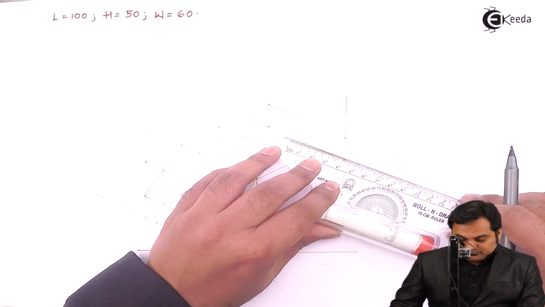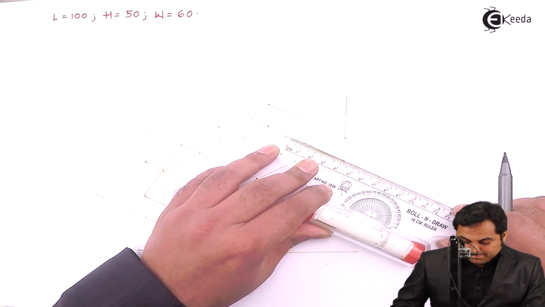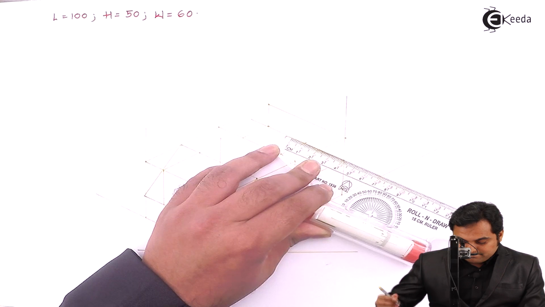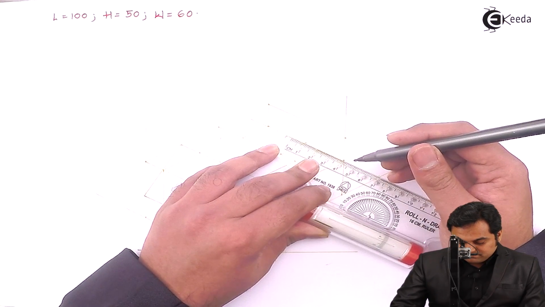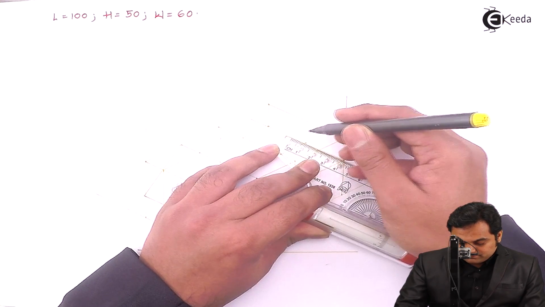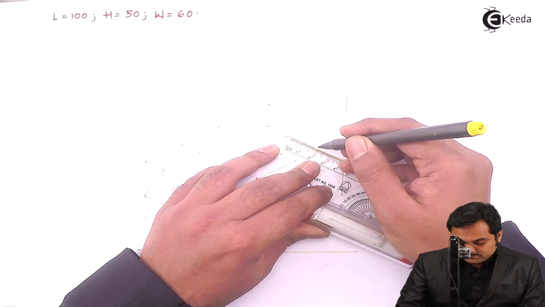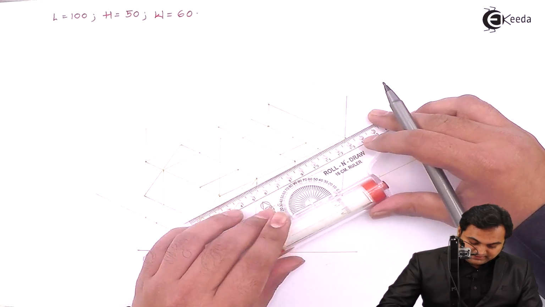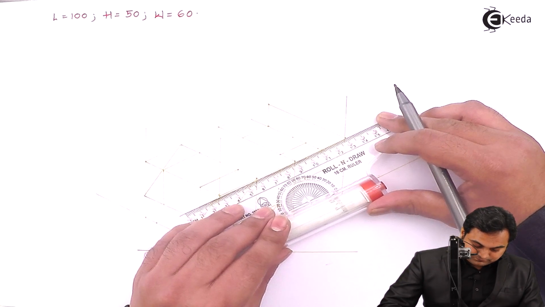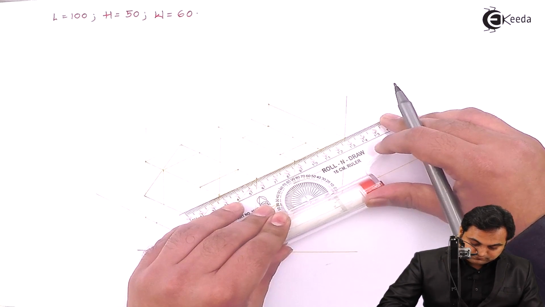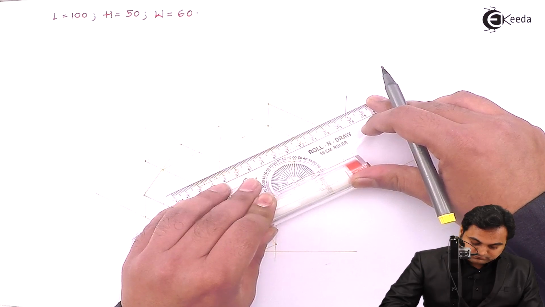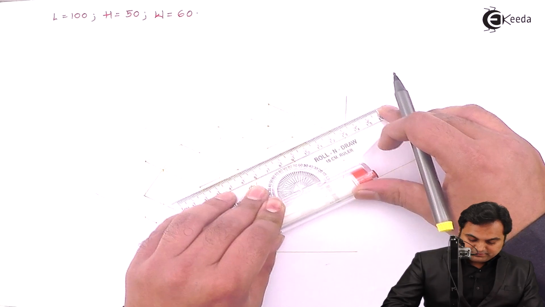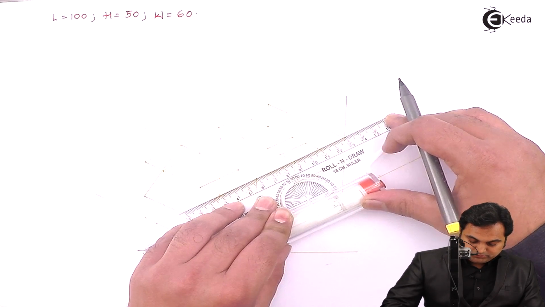So I am taking 10 mm on one side, 10 mm on the other side. So taking 10 mm. Next, drawing parallel lines through them. So I am drawing a parallel line here and a parallel line onto the other side.